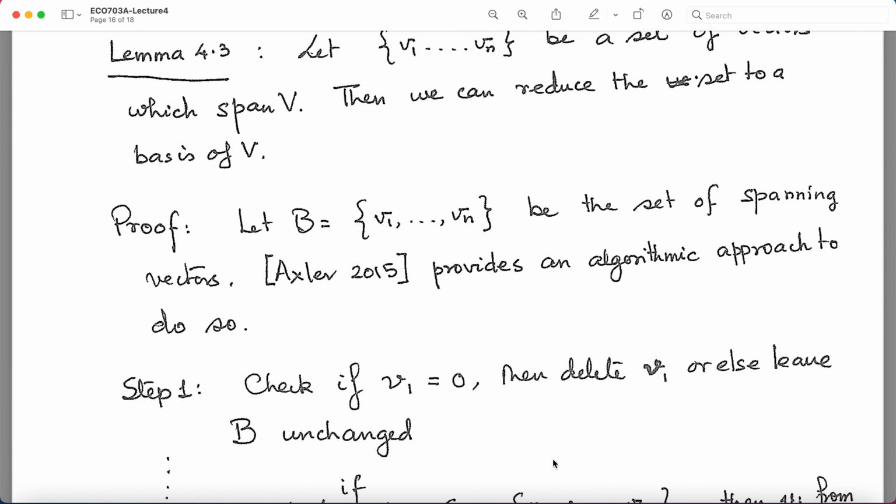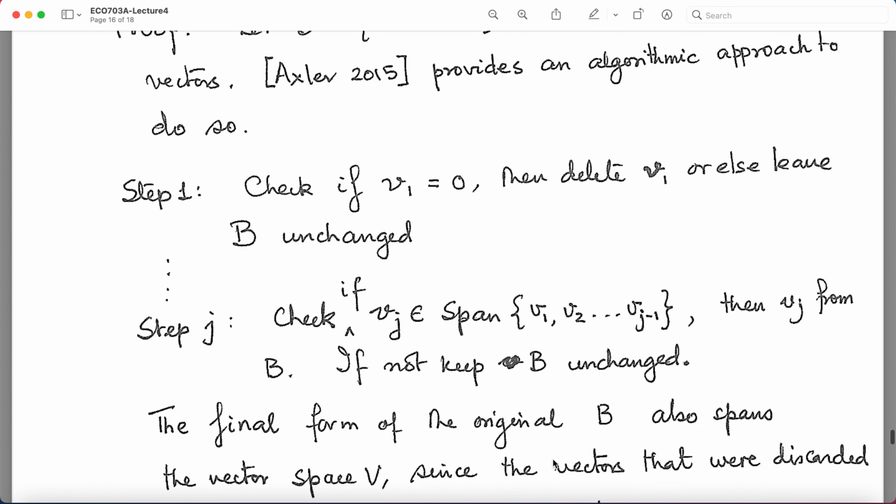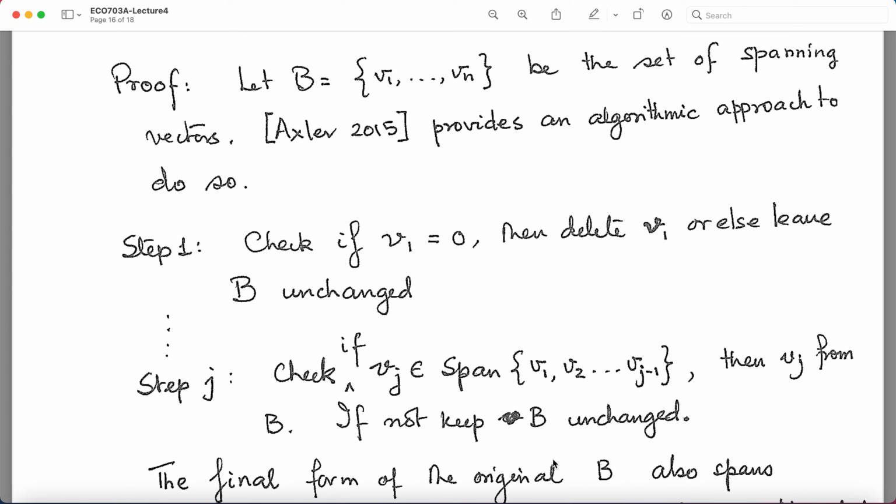So, in step 1, if v1 is equal to 0, then you have to delete v1 because the set must be linearly independent. 0 cannot be a part of basis elements, because that immediately will make the whole set linearly dependent. Once 0 is there, the set cannot be linearly independent. So, if v1 equals 0, throw it away. In step 2, what will you do? You will see whether v2 is in the span of v1.